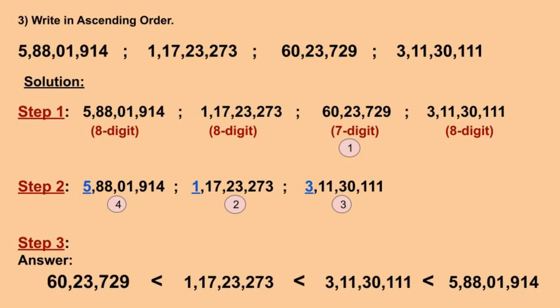In step 3, we shall write the numbers in ascending order. That is 60 lakh 23,729 is less than 1 crore 17 lakh 23,273, that is less than 3 crore 11 lakh 30,111, which is less than 5 crore 88 lakh 1,914. Hence we find the answer.